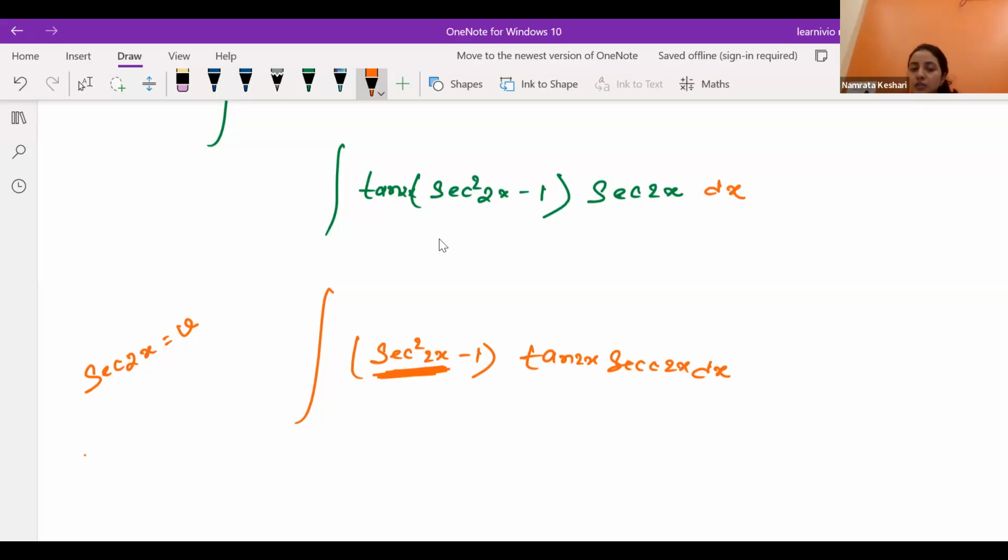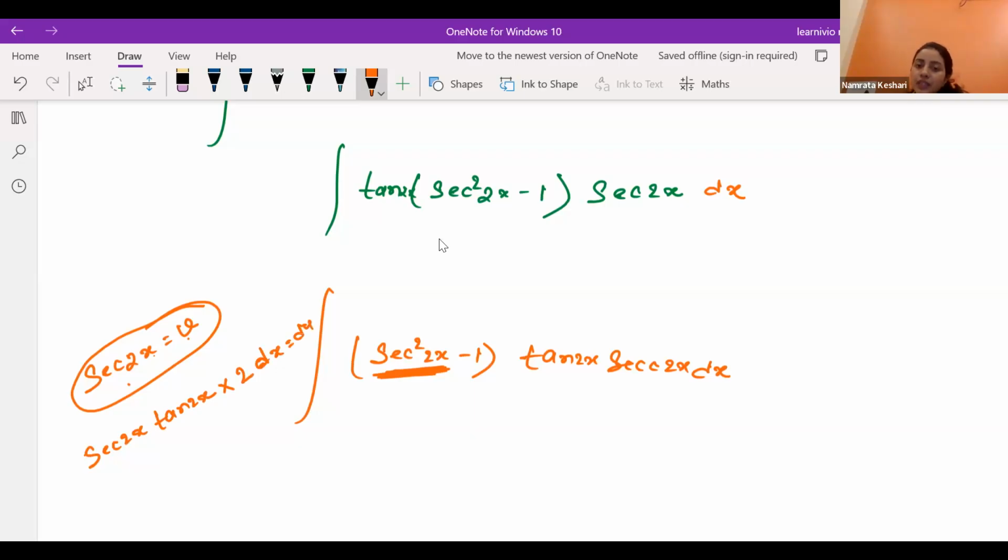So if we take sec 2x as u, what is the formula for the derivative of sec theta? Sec theta tan theta. So if sec 2x is equal to u and you do the derivative on both sides, you get sec theta tan theta, and by chain rule 2x again, so only 2. That is equal to du by dx, right?